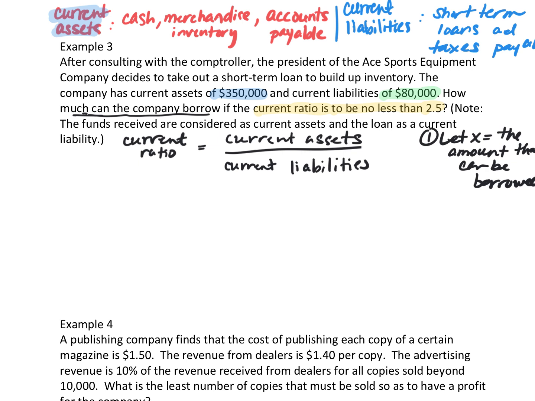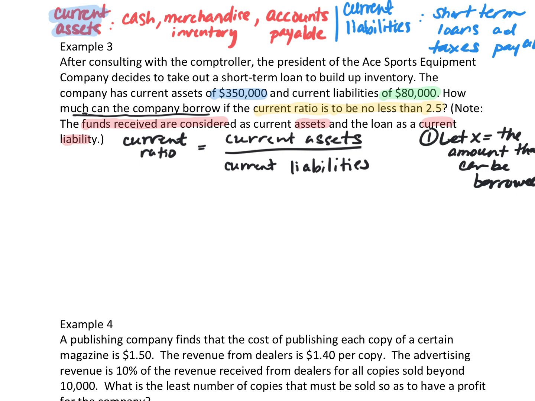Current assets are $350,000. But remember the note: the funds received are considered an asset and a current liability. It's actually both for us. So that's going to be the x, the amount you can borrow.